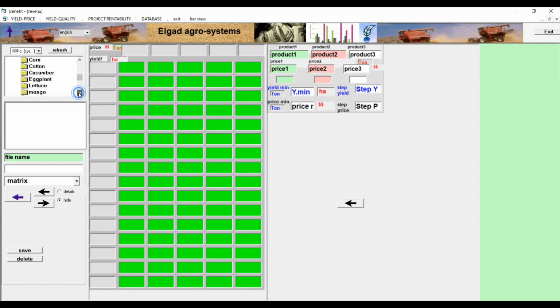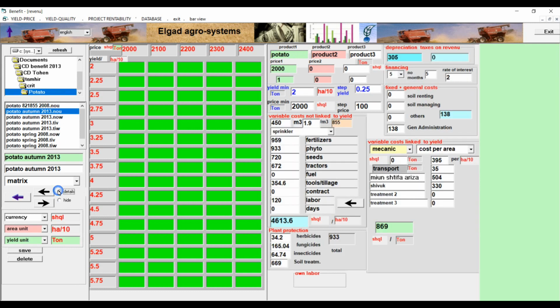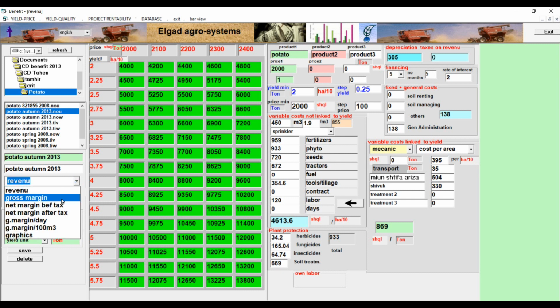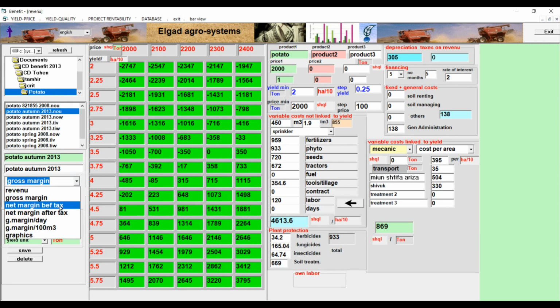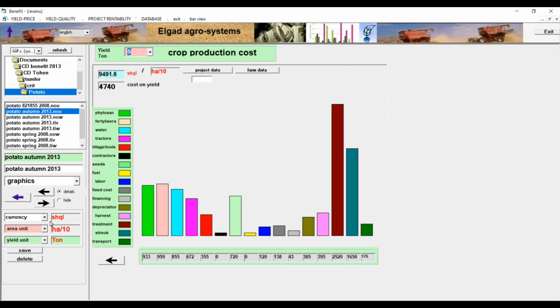Let us see an example. Potato now, like we have seen, per tenth of hectare, the yield, the prices, the costs, and this will allow me to do the calculation of the revenue, once again, the gross margin, the net margin before tax, and a graphic presentation for a yield of 5 tons per dunam.